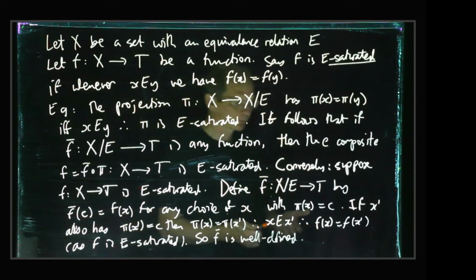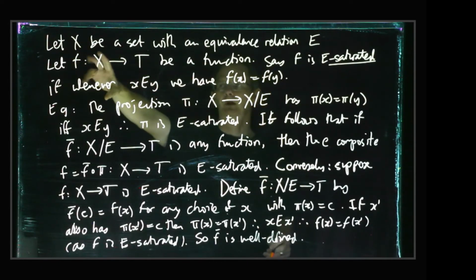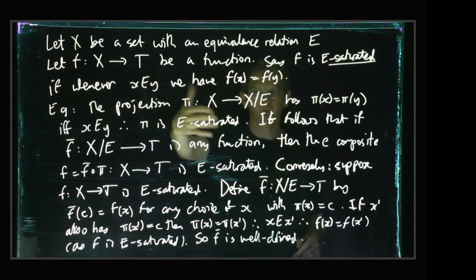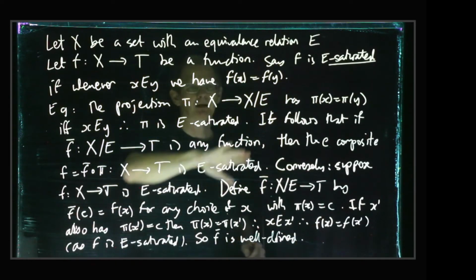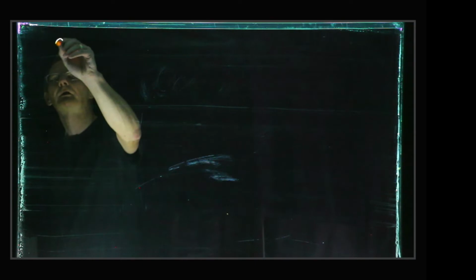Okay. So what's the punchline of this? The conclusion is that E-saturated maps from X to T biject. There's a one-to-one correspondence between E-saturated maps from X to T and maps from X mod E to T. Okay, so just to write our conclusion again.